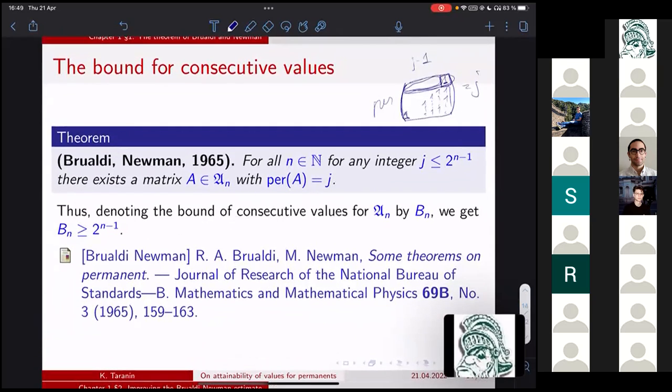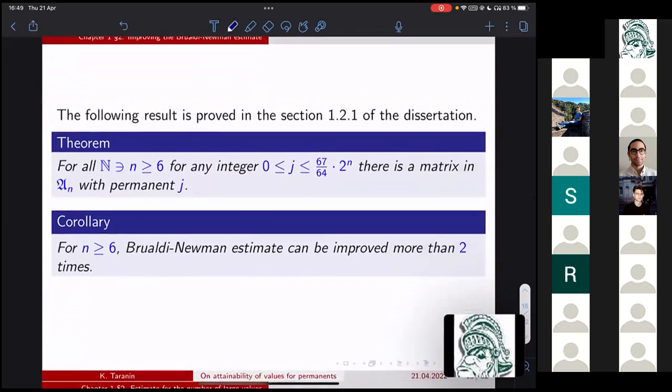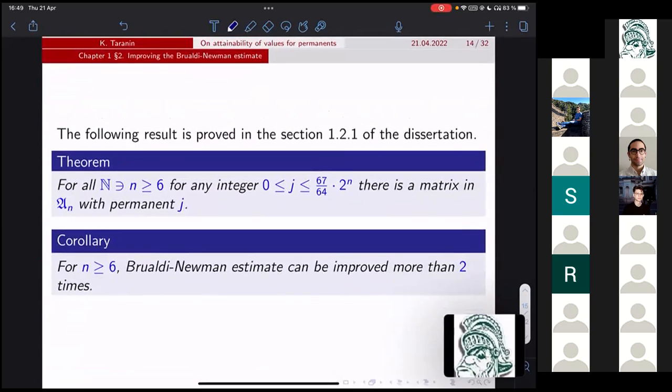However, this is not the best we can get. And in my dissertation, I proved that the bound of these consecutive values is actually above 2 to the power of n.